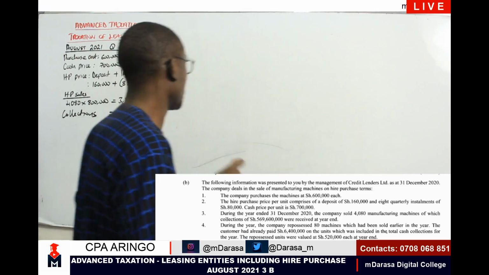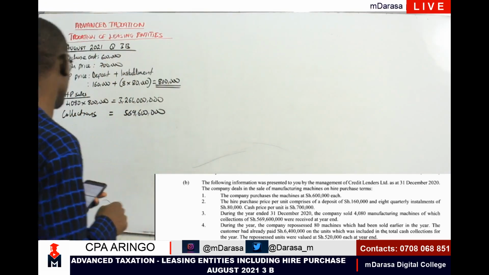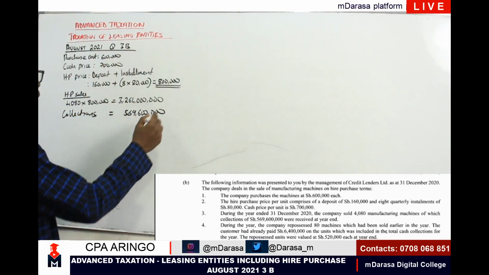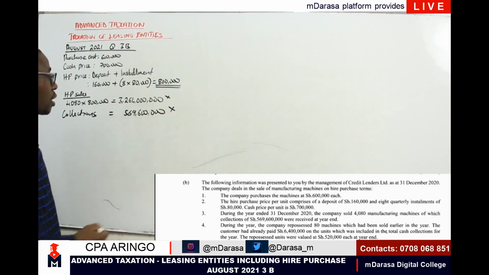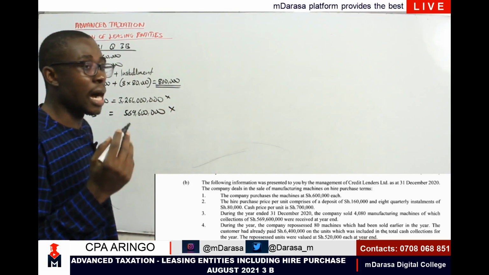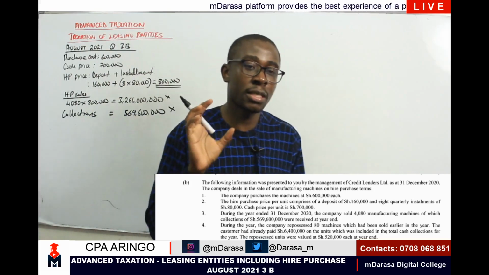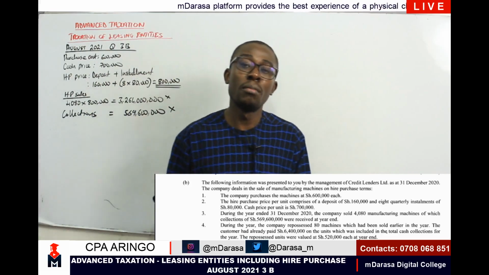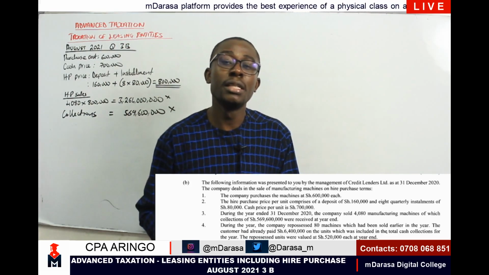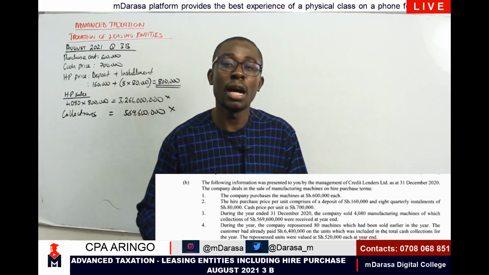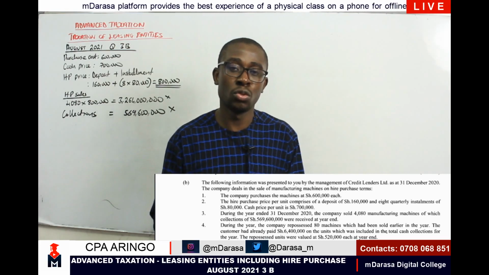So my good students, this is what you must always have in mind, that out of our sales and out of our collection, we did have a component of the units that were repossessed. Meaning that probably these customers did not fulfill our agreement as what we had agreed.